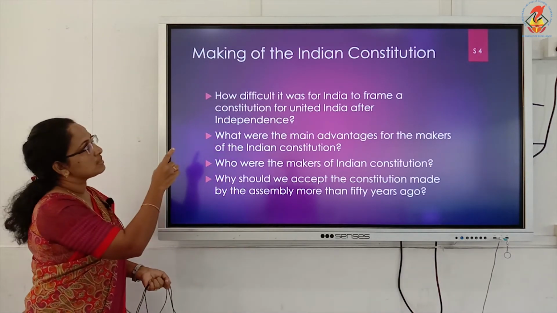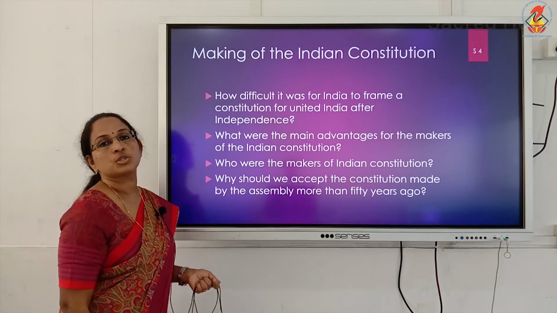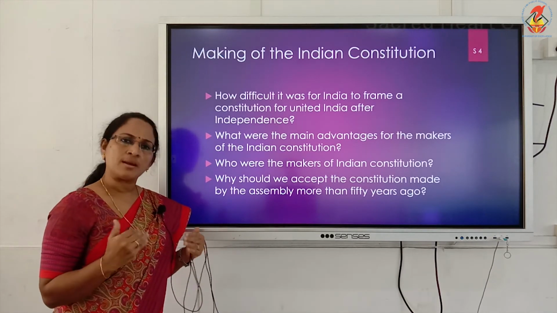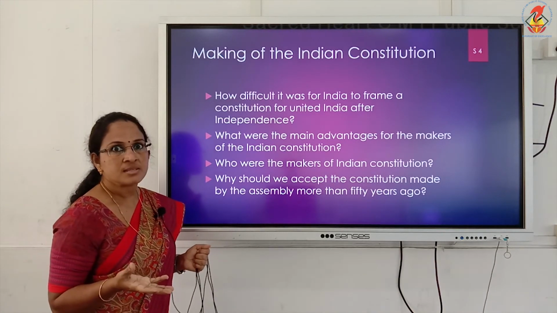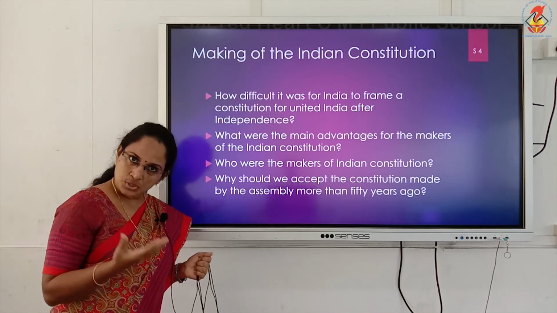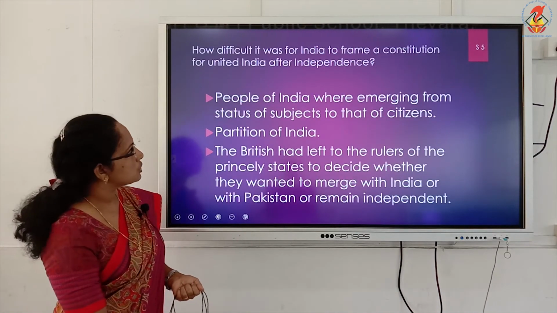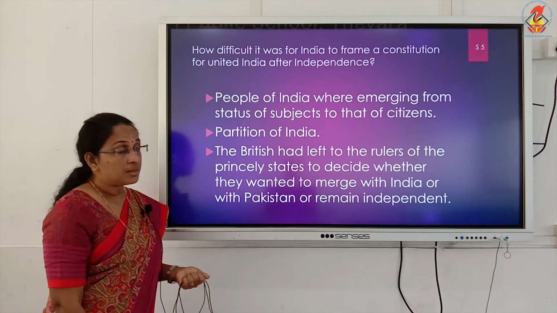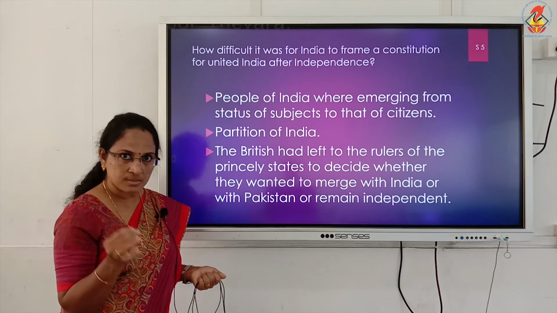Coming to the first question, how difficult was it for India to frame a constitution? Which were the challenges or difficulties faced by the constitutional framers at the time of independence? These are the challenges, children. People of India were just emerging from the status of subjects to that of citizens.